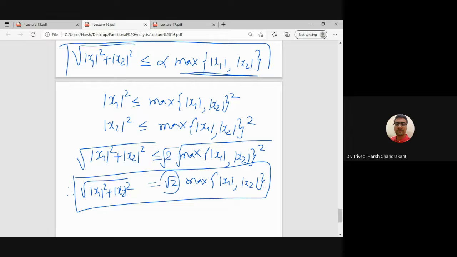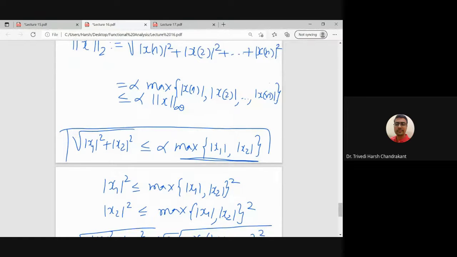So what is alpha? Alpha is root 2. So one of the choices of alpha is root 2.